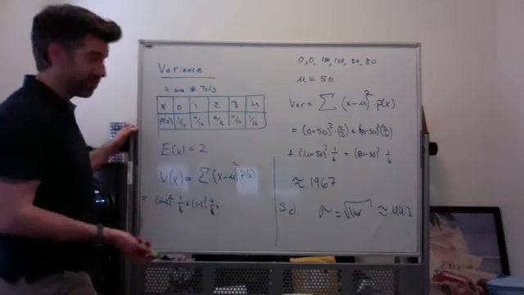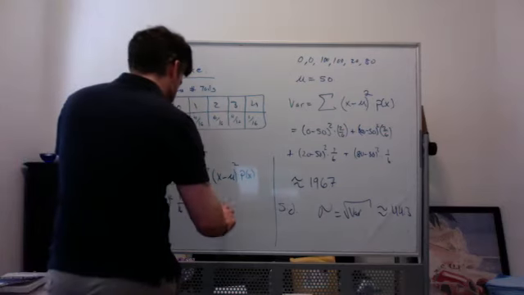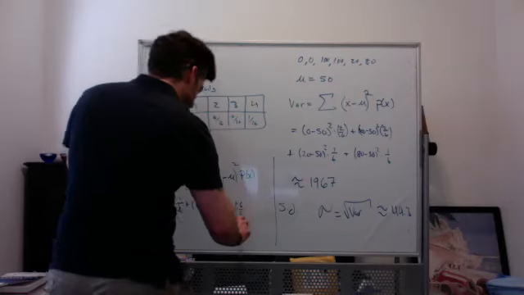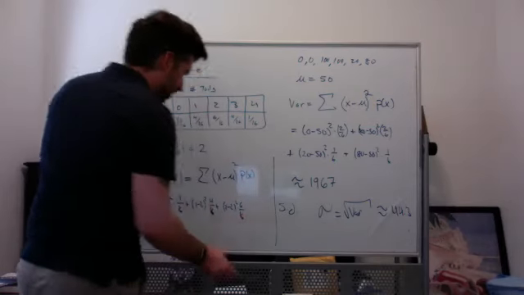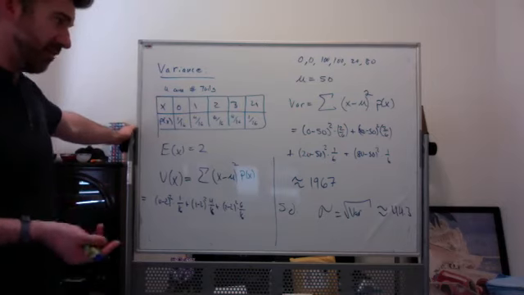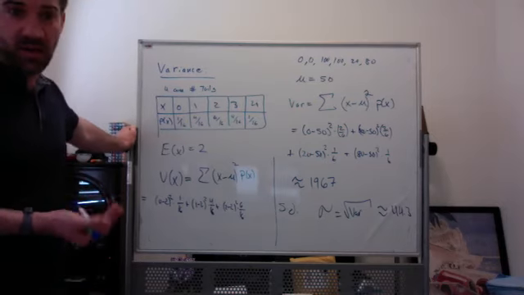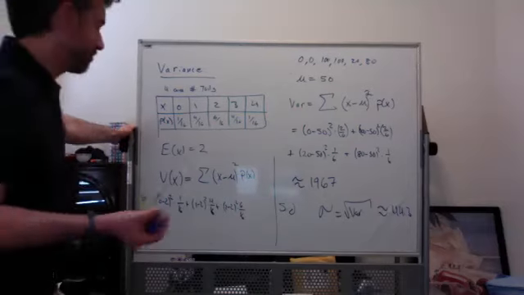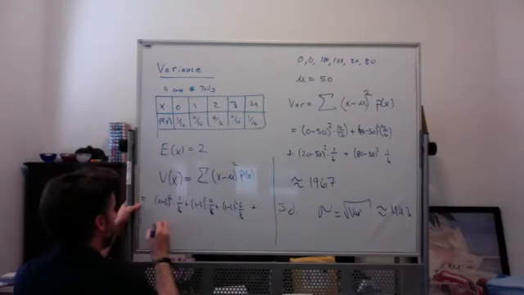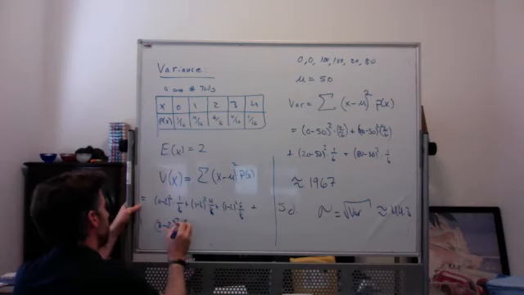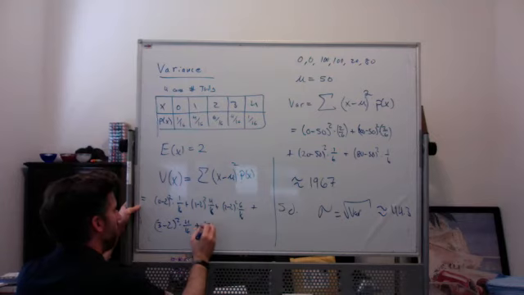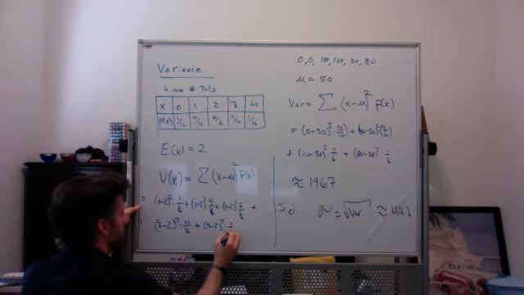It's 2 minus 2 squared, which is 0, times 6/16. Something worth noting: scores that actually are the mean don't contribute to the variance at all, because they are not different. And then we get 3 minus 2 squared times 4/16, and then 4 minus 2 squared times 1/16.